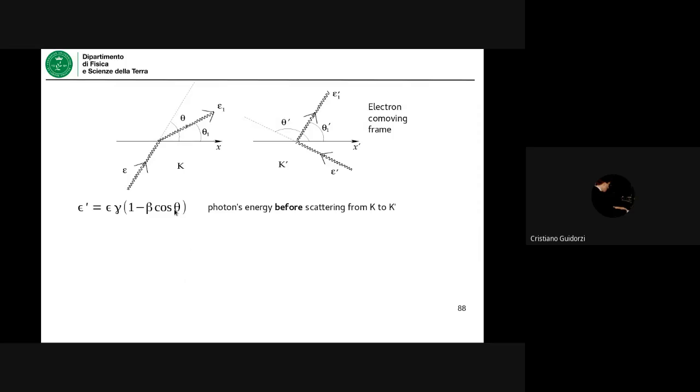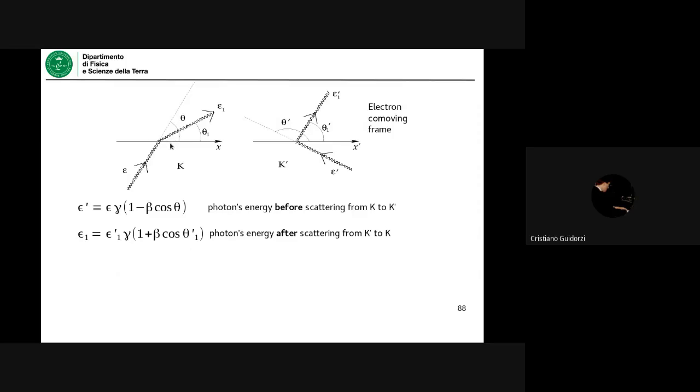Here beta is related to the relative velocity, which is nothing but the electron's velocity in the lab frame. And cos theta comes from the x component of the linear momentum of the photon in the lab frame. Just Lorentz transformation, just like that.